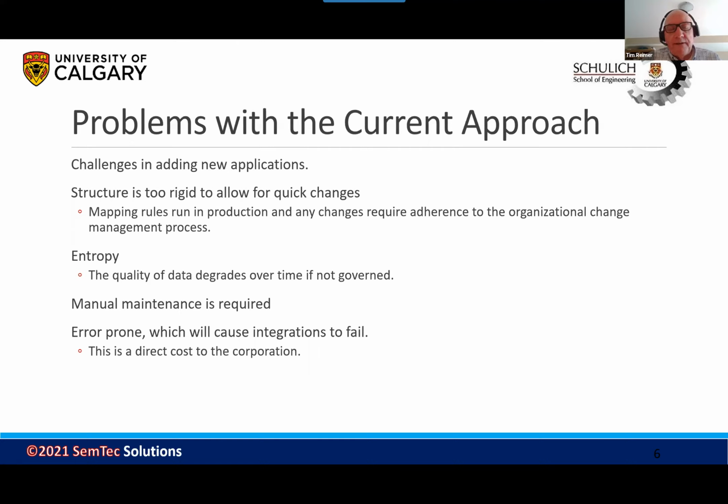But these cross-referencing tables are very rigid. They don't allow us to adjust quickly to changing business requirements. Also, somebody needs to maintain them. Entropy is a big issue; the quality degrades over time. The question is, who is going to maintain it?